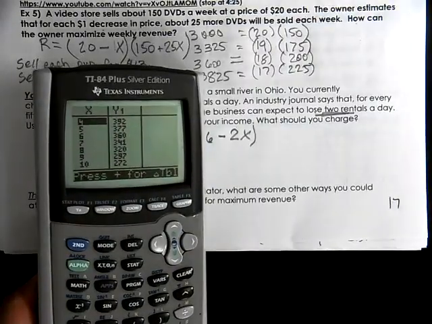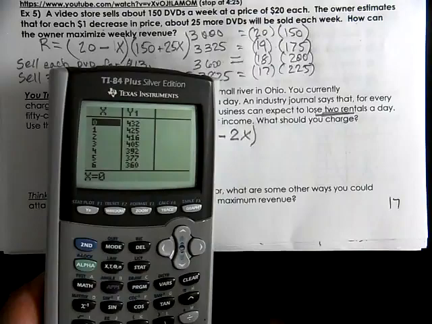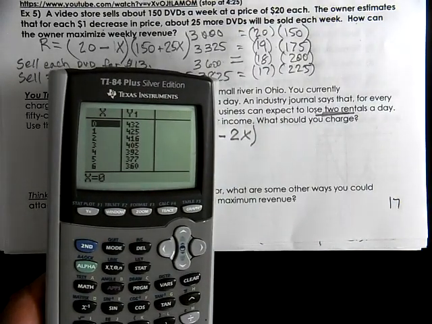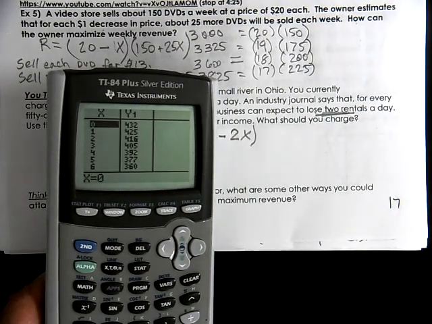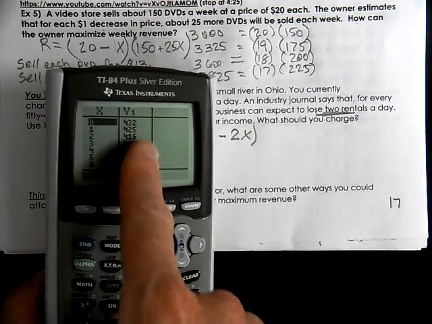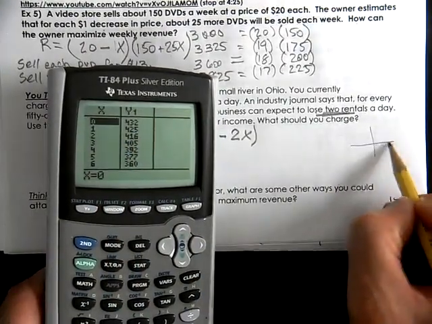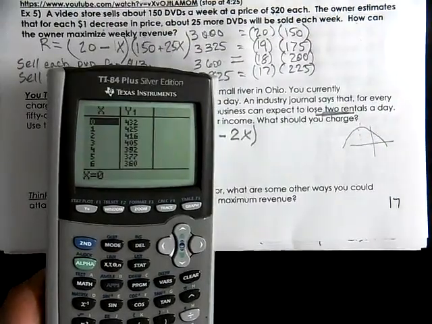What do you notice? Let me get down to 0. What do you notice? The y values are decreasing all the time. So in other words, the maximum value was actually in the second quadrant. Okay?